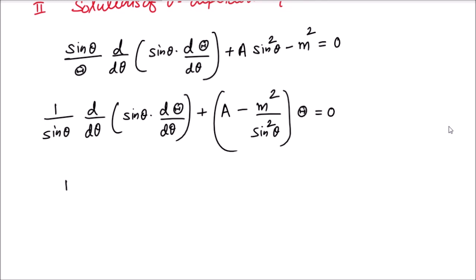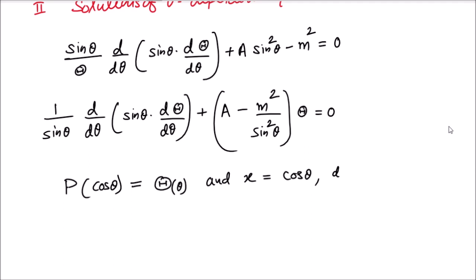So see, P dependent on cos theta is equal to the function of theta, and x is equal to cos theta. What did we take x as, beta? cos theta. So if x is cos theta, dx upon d theta is minus sin theta.